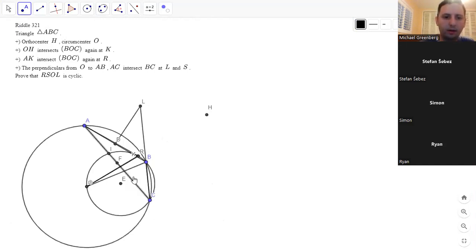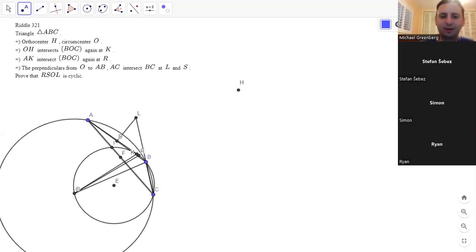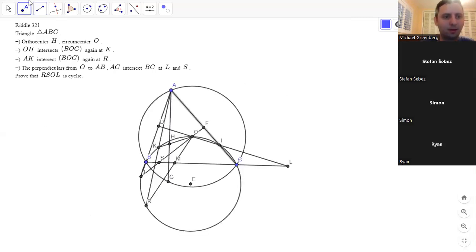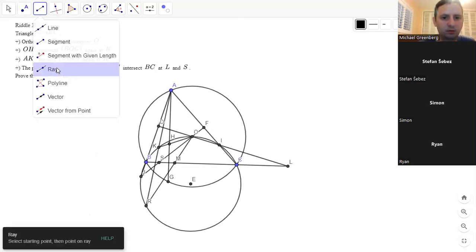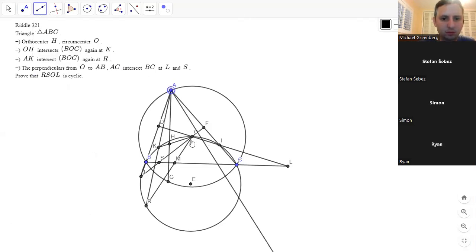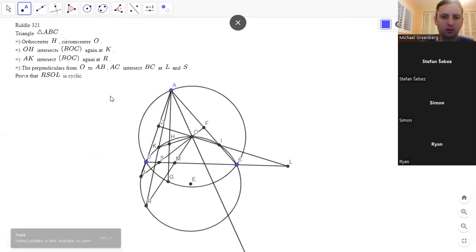Okay. Oh, and this now really looks like that problem. I think in that statement we also intersect AO with BOC. Okay. And then I think we will have that K and that point also should pass through that.